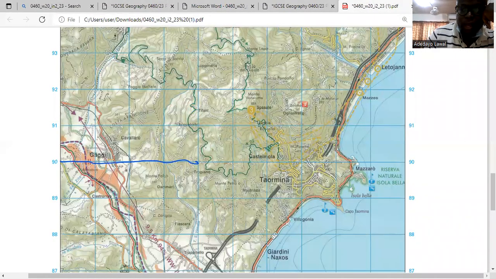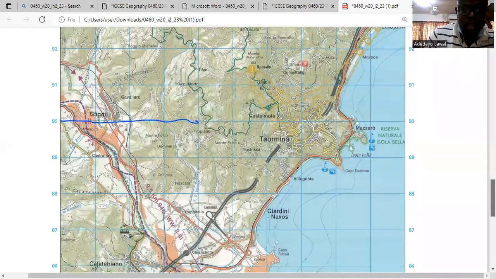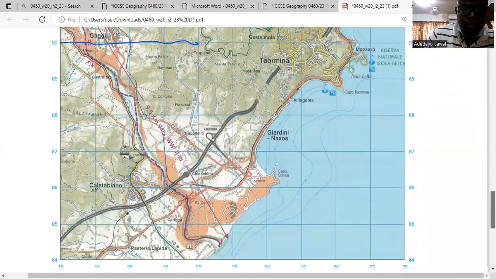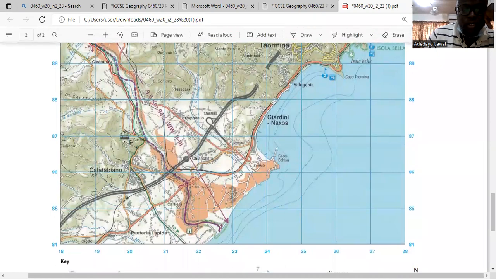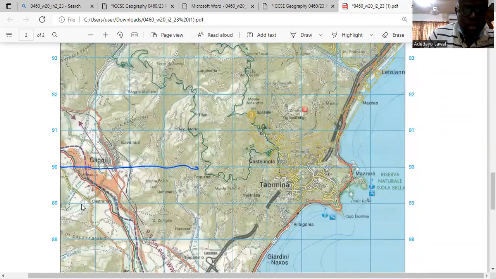As you can see, I drew a line on it already. Like I said, I used it with someone. So just trace it. 18090 is this point, and 22090 is there. So this is the line where the cross section was drawn.